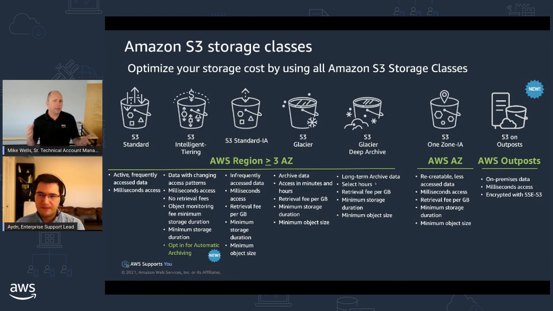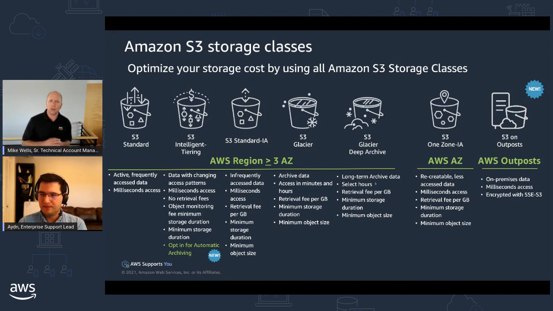If you know all your data is less frequently accessed and not deleted within a month, then use S3 Standard infrequently accessed to save up to 40% storage costs compared to S3 Standard, but with a retrieval fee for accessing the data. For data that's reproducible and less frequently accessed, you can use S3 One Zone infrequently accessed, which stores data in a single AZ at 20% lower storage costs than S3 Standard infrequently accessed.